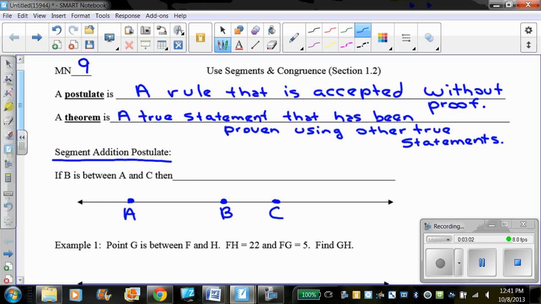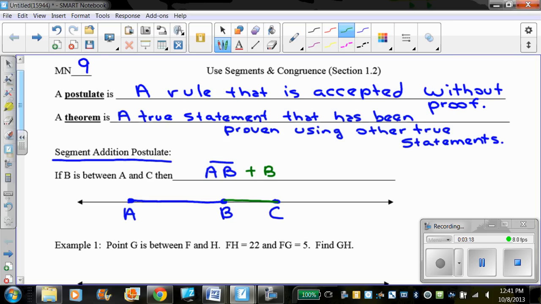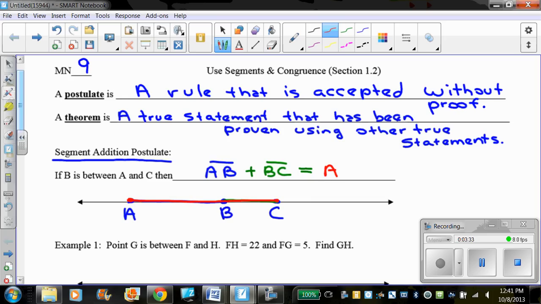And here's what the segment addition postulate states. It says that if you take this segment AB, and I'm going to write it up here, so if you take AB and add it to segment BC, so if you take the blue line segment and add it to the green line segment, well, we know then that what you get is this full length, which in this case is AC.